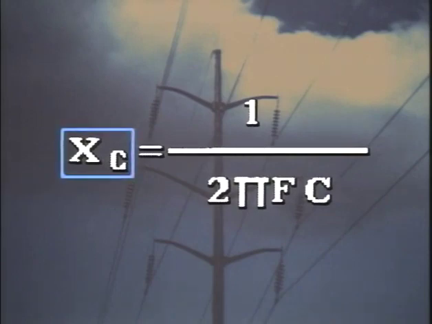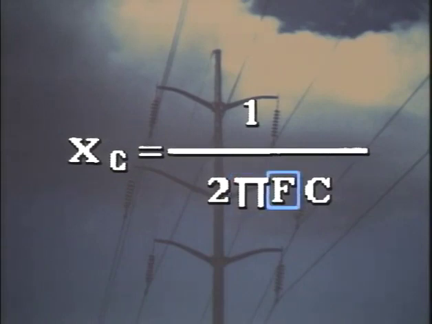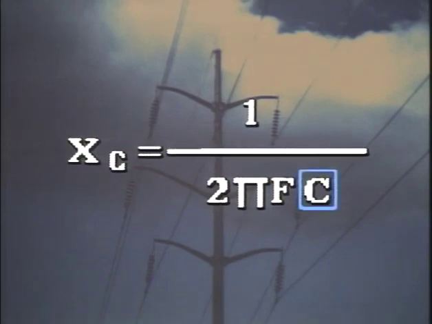X sub C represents the amount of capacitive reactance measured in ohms. Again, pi is a constant of about 3.14. F is frequency, a constant of 60 hertz, and C is capacitance, measured in farads.